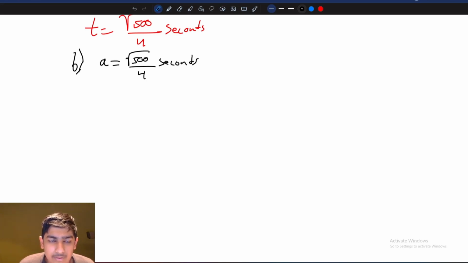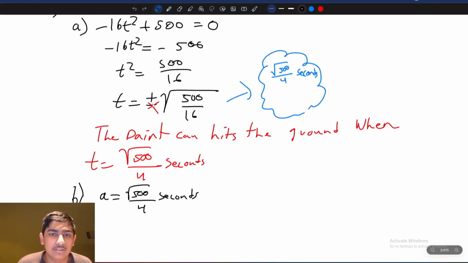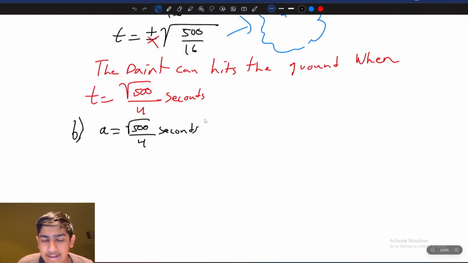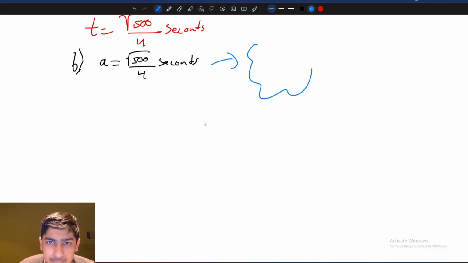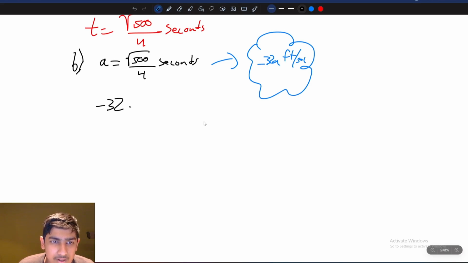We can do the limit as t approaches that value, and we can just use our expression of negative 32t feet per second, and plug this in, so we have negative 32 times square root of 500 over 4, in feet per second.